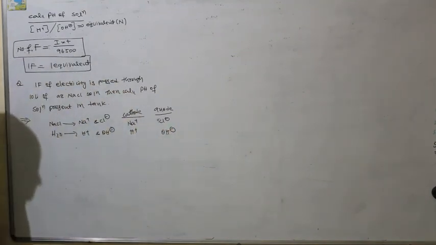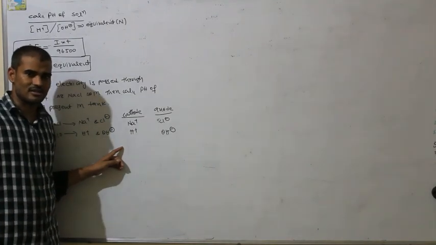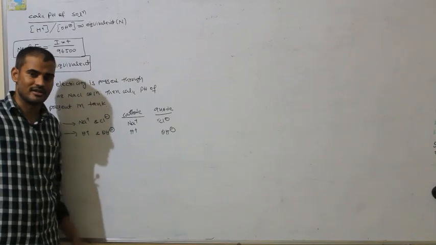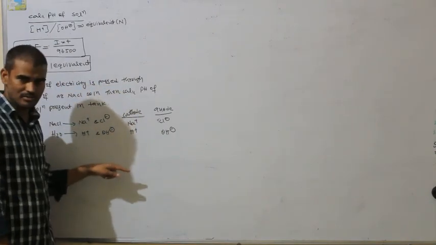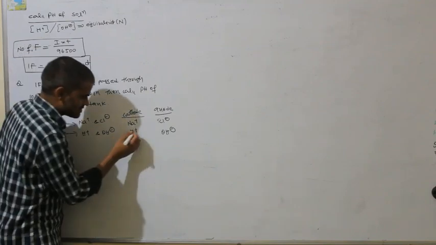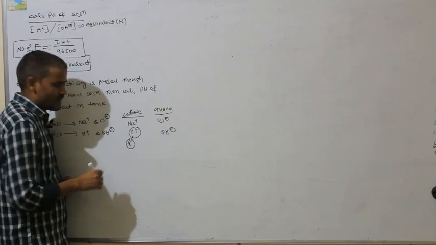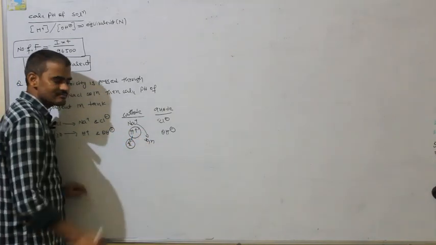Right? But at the cathode, it's a competitive electrolysis, already we discussed in electrolysis products. Among Na plus and H plus, which will undergo reduction as per the cation deposition order? H plus will be liberated, so H plus will go in the form of H2. So it is out. What is remaining in solution? Na plus will be in solution.